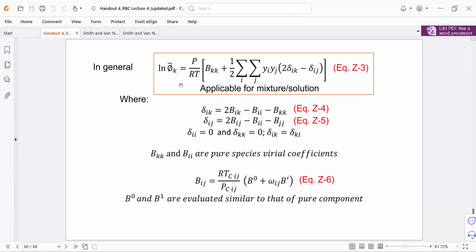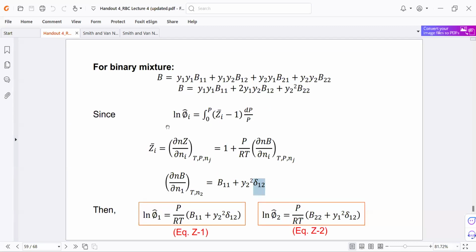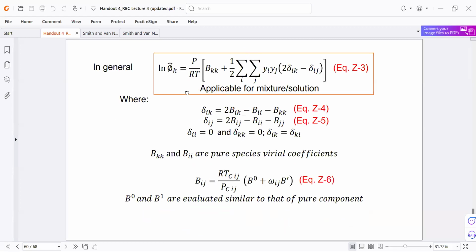In general, if we have a solution that has more than two species, this will be the equation that is applicable. This one is just applicable for a binary solution. So if we have a mixture, this is the general equation that we're going to use.